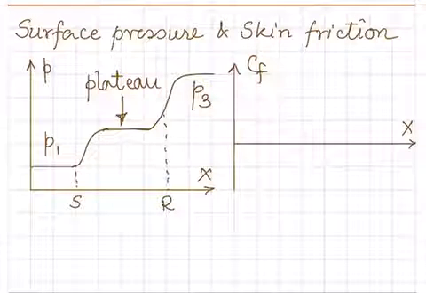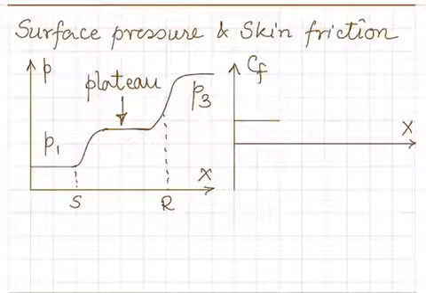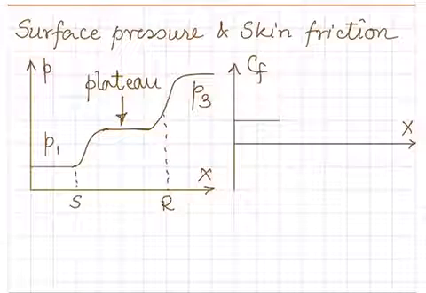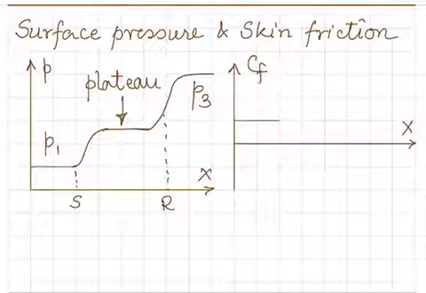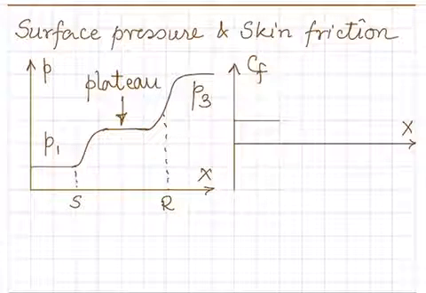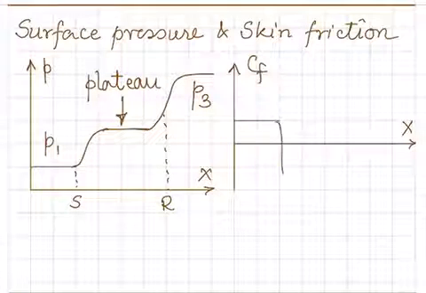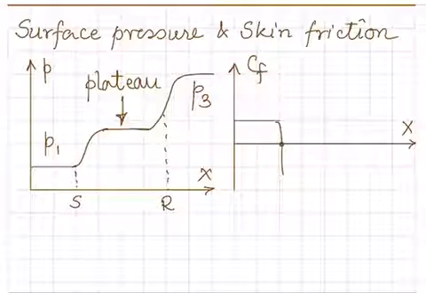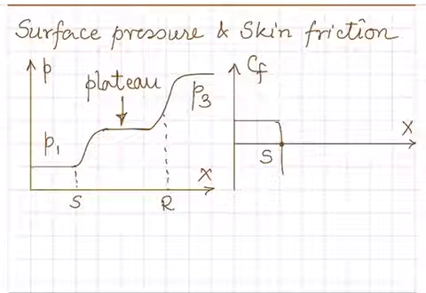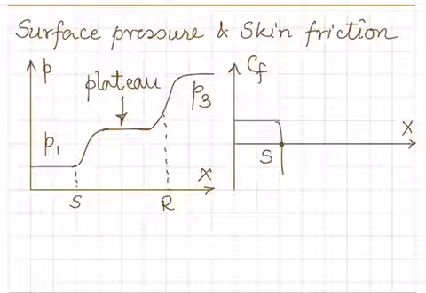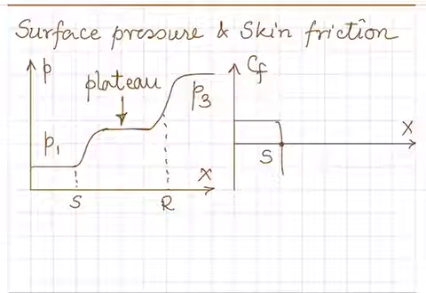We start with the skin friction value for the boundary layer coming in from the left, and then at the separation point it goes down and crosses 0, and that's the definition of the separation point, with skin friction going from positive to negative.